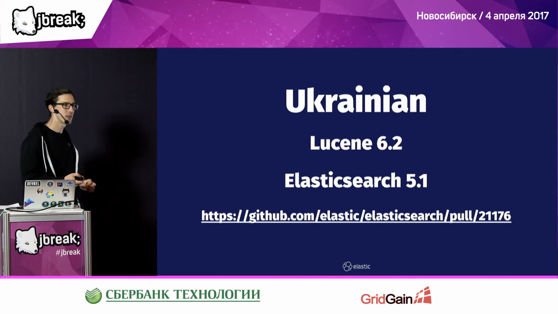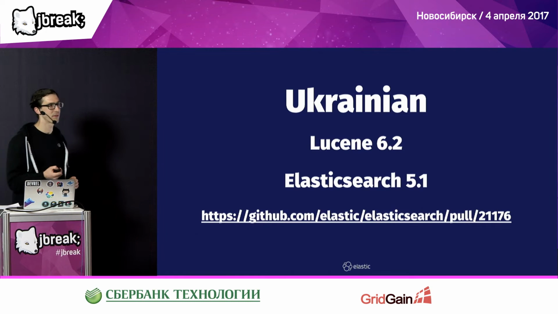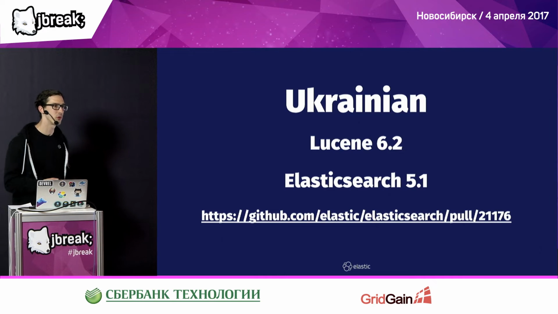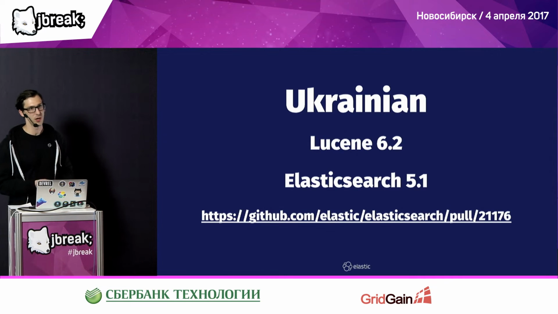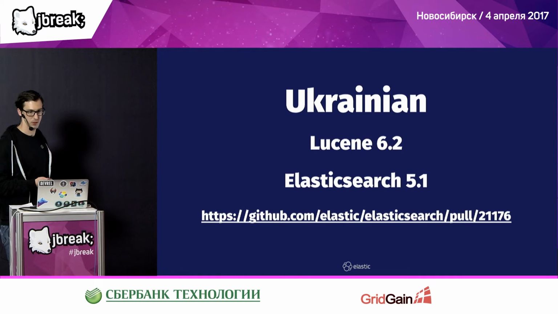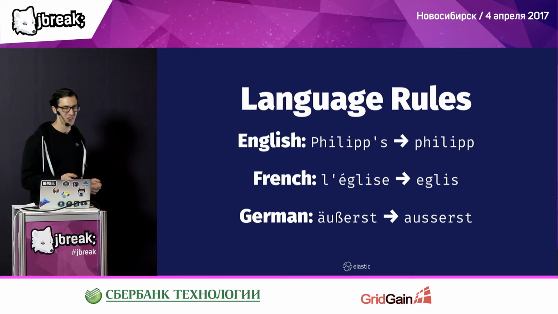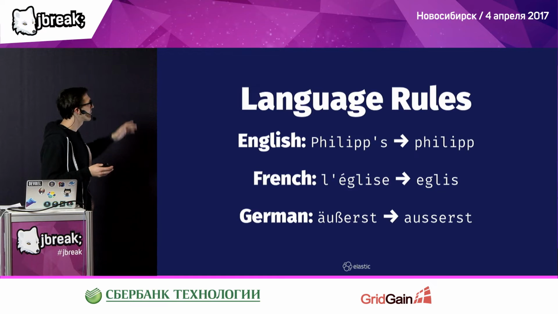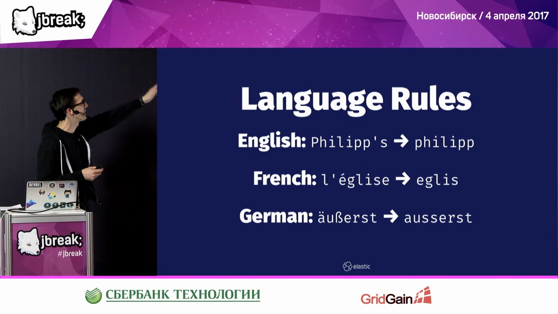For example, Belarusian is not supported yet, and people in that community have the idea of adding support for it. First, you need to add it to Lucene, and then you need to add it into Elasticsearch to make it usable. And there are totally language-specific rules. I have left out Russian since I cannot even read it, but you can see you can cut off stuff at the end.